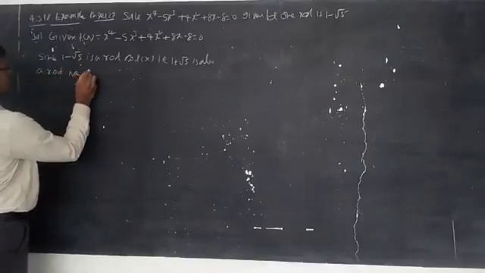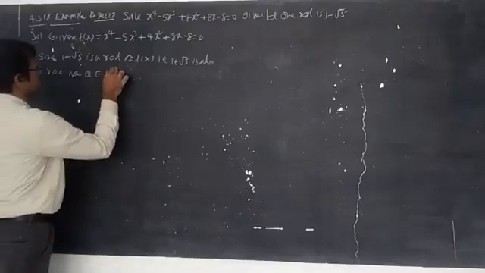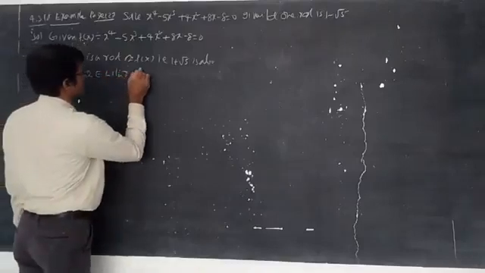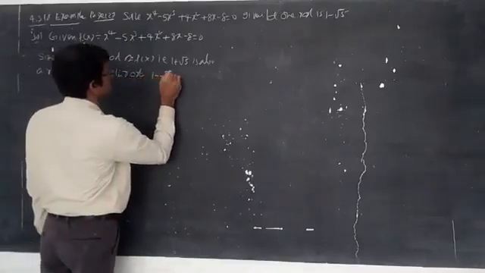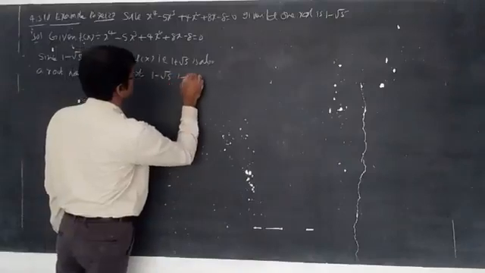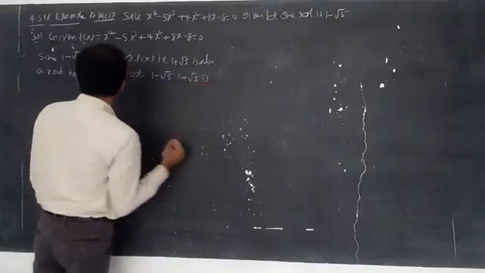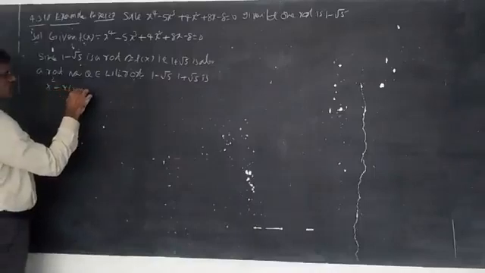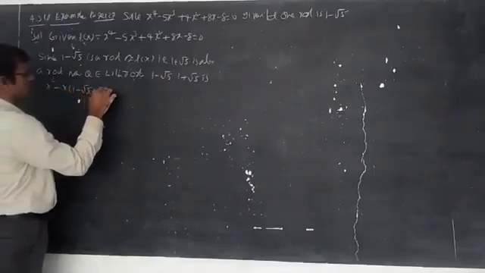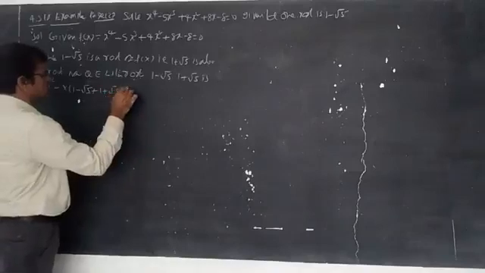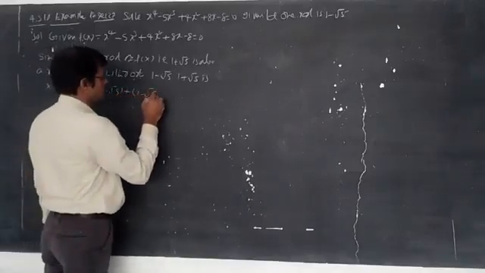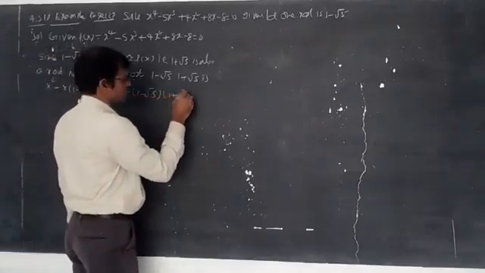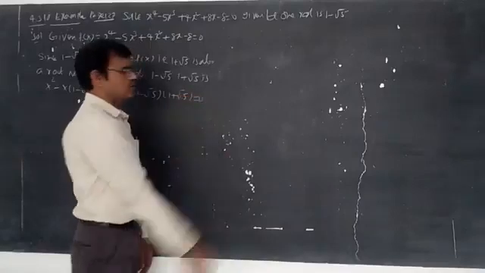Now the quadratic equation with roots 1 minus root 5, 1 plus root 5 is x square minus (sum of roots) x plus product of roots equal to 0: x square minus (1 minus root 5 plus 1 plus root 5) x plus (1 minus root 5)(1 plus root 5) equal to 0.